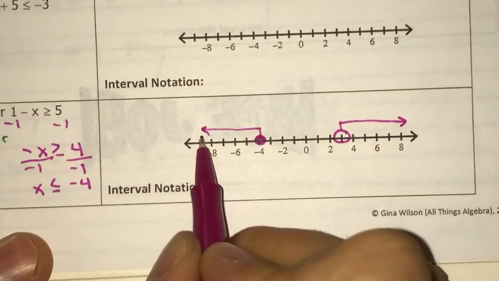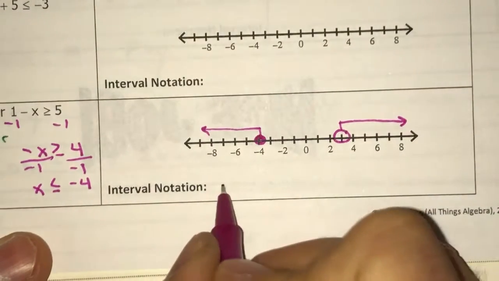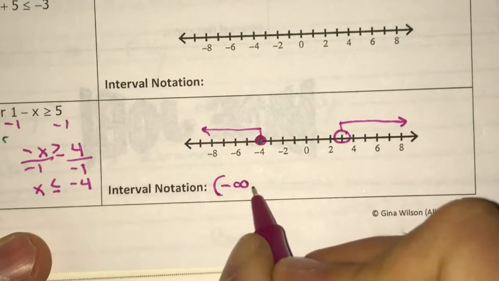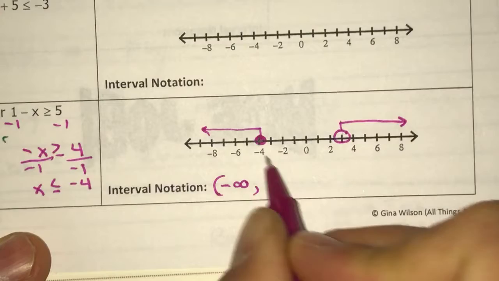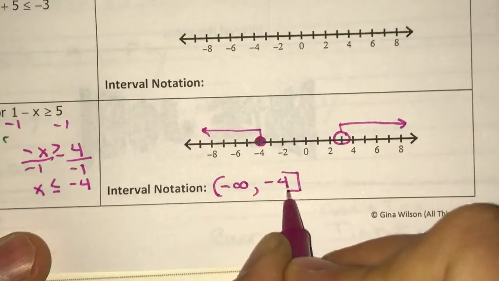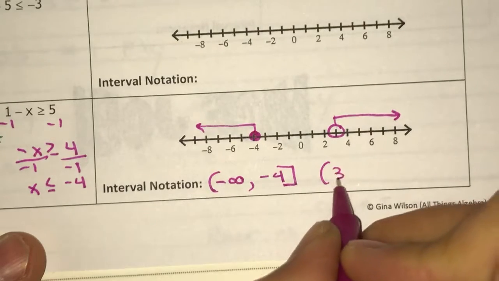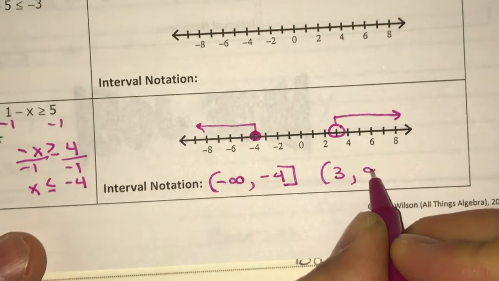Interval notation, go left to right. So, -infinity, comma, then I get to -4 with a bracket because it's a closed circle. Next thing I get to is 3 with the parenthesis, and then positive infinity.